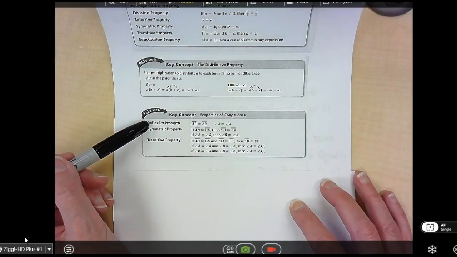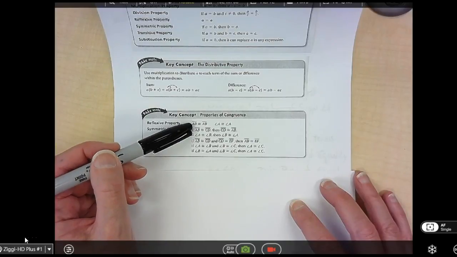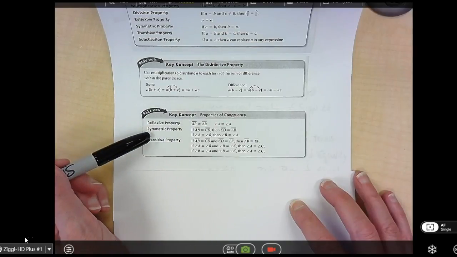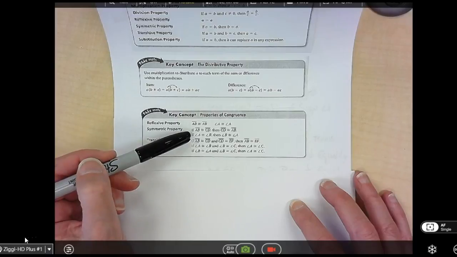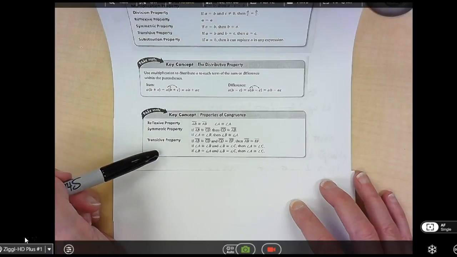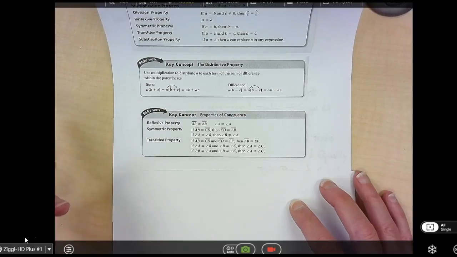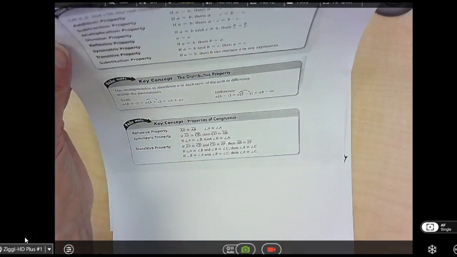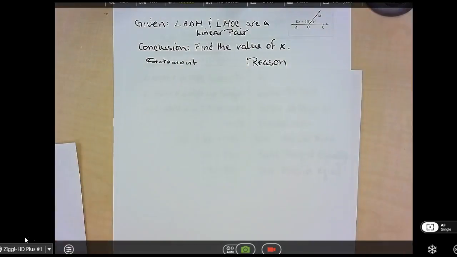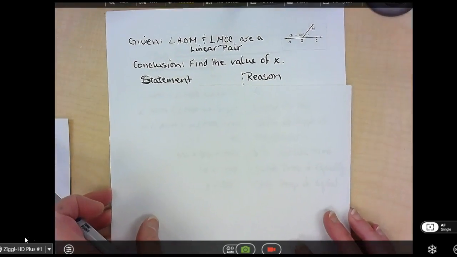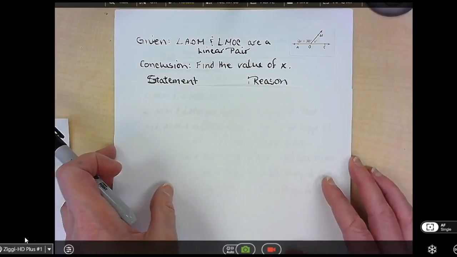So we can do reflexive in either line segments or angles, symmetric with line segments or angles, and transitives also with line segments and angles, all using the congruent sign. So where we use this the most is during proofs.